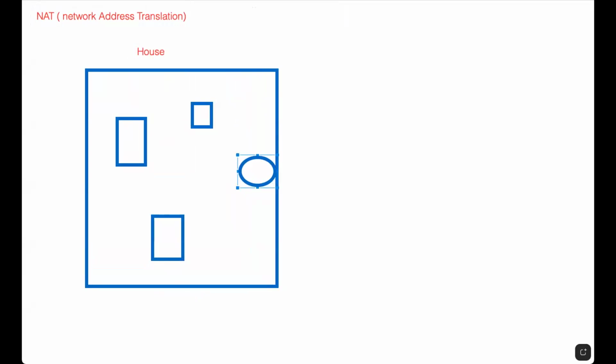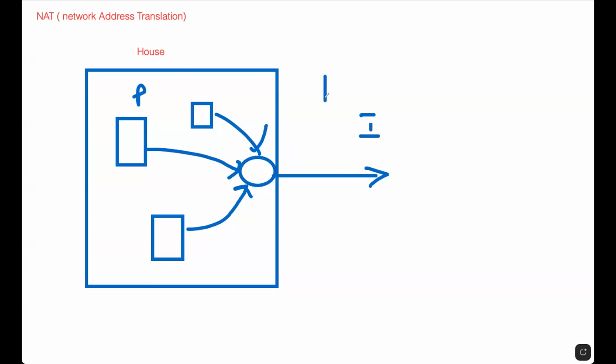Until this point, all of your communication between the devices will be with private IPs inside your house, with the help of the router. But when you want to go out to the internet, outside of your home network, then you need to convert your private IP to the public IP.